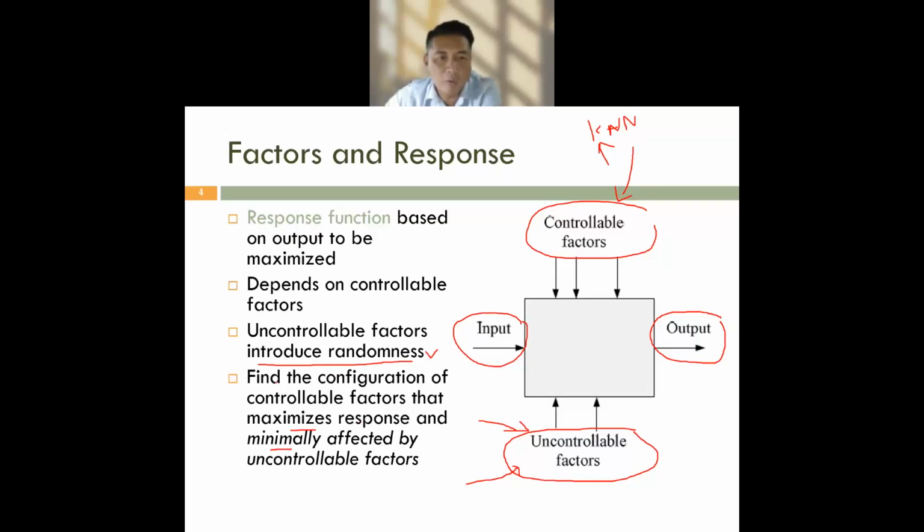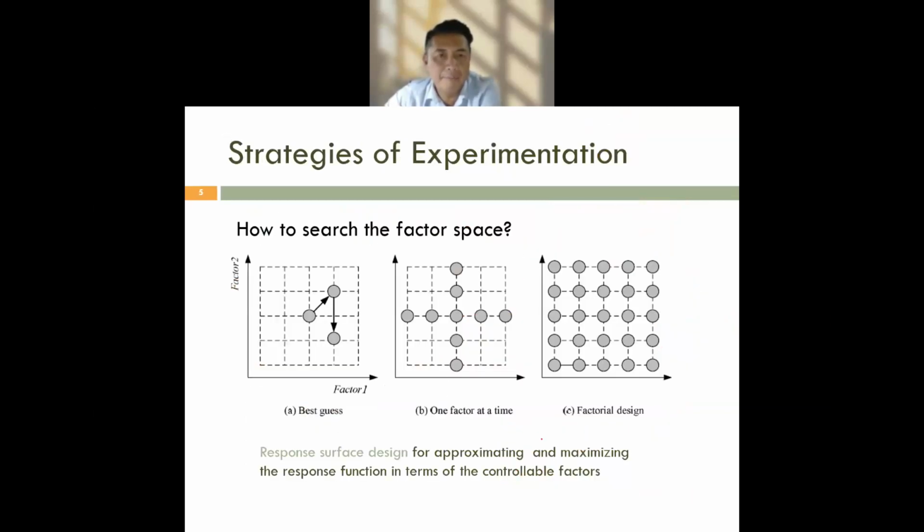What we want to find is the configuration of controllable factors that maximizes the response, maximizes the accuracy, and is minimally affected by uncontrollable factors. Since we cannot control those, we want to minimize any effect caused by the uncontrollable factors. So we want to optimize this output based on these parameters.